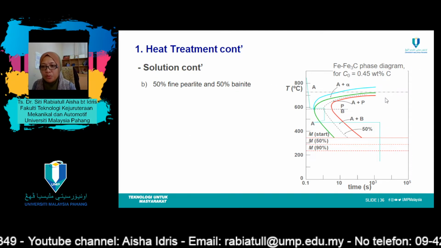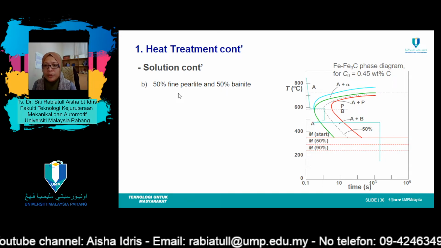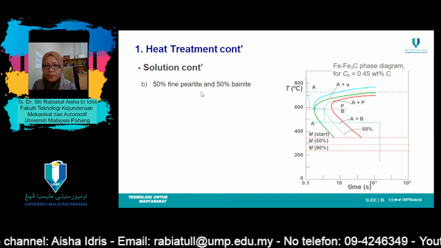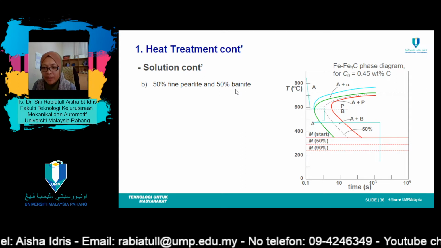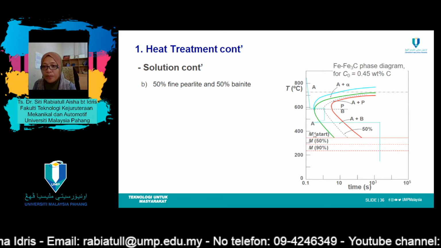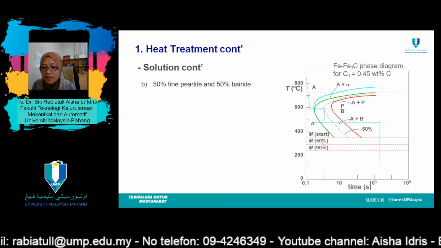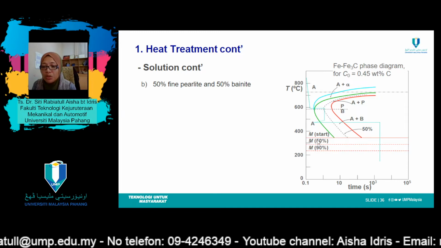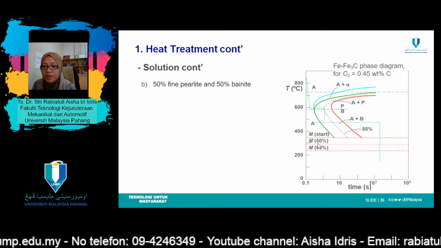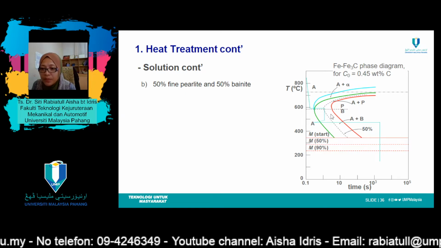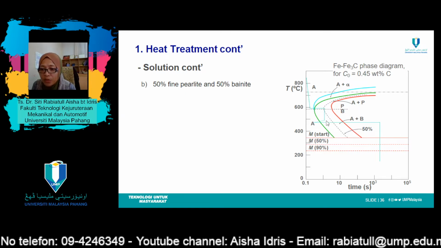Now moving to question B, 50% fine pearlite and 50% bainite. So this is how you draw. We know that this is the area where we want to achieve 50% pearlite. Oh, sorry, 50% pearlite and bainite. Okay, somewhere here.